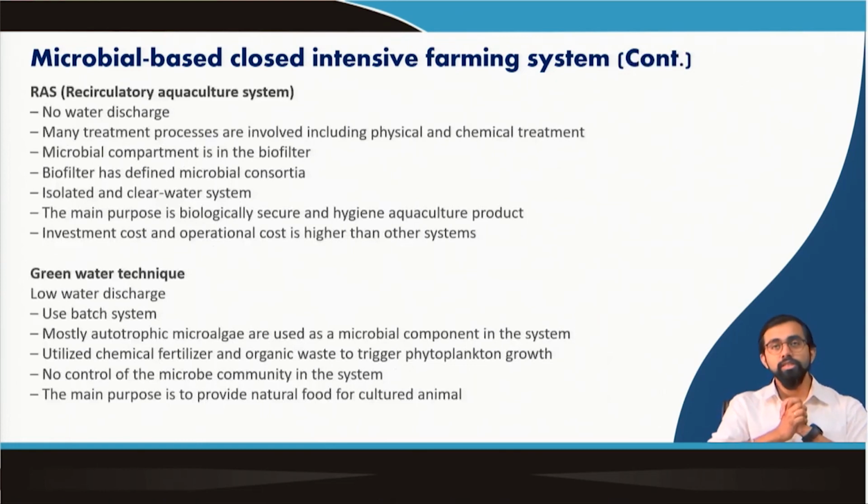Another intensive aquaculture system that is available is RAS. I think you already have some idea about what RAS is, recirculatory aquaculture system, where practically no water exchange is happening. It involves stages of treatment processes: primary, secondary, tertiary if needed. Initially, what is the primary treatment?